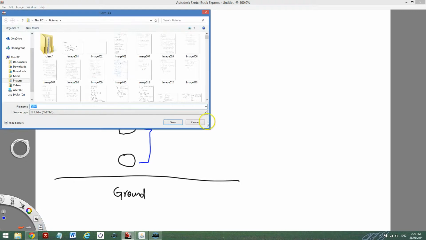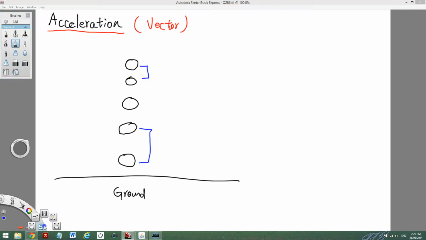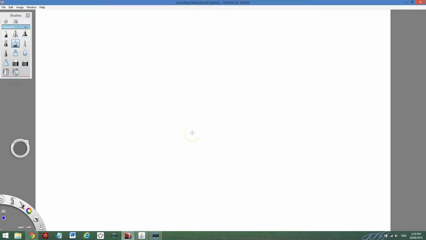Now let's discuss the unit of acceleration and how we calculate acceleration.